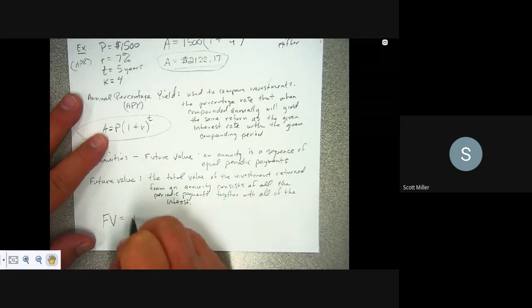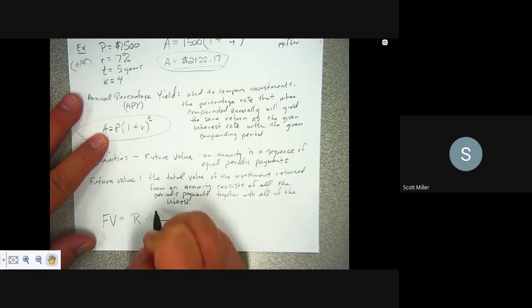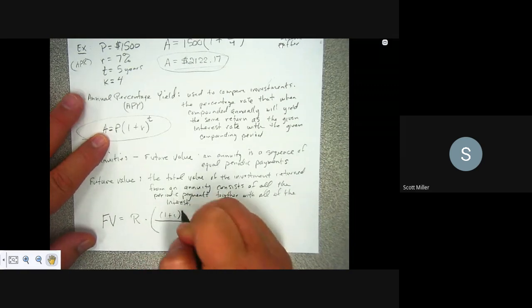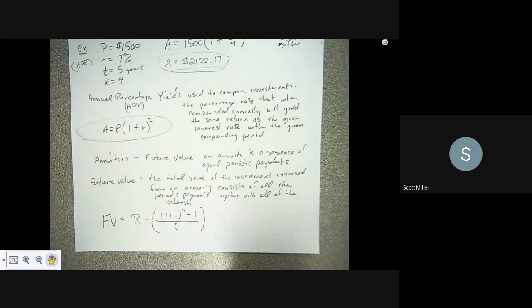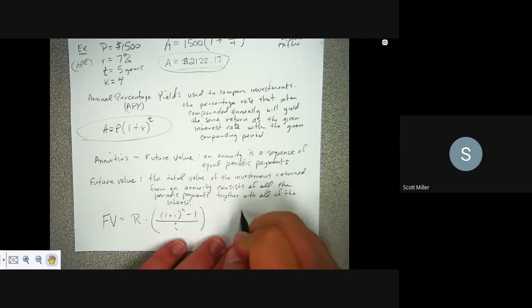Then this is equal to R, and we'll talk about what all that is here in a minute. And you will have 1 plus I, and I'll describe what that is too. All these letters, I'll tell you what they are. So we have that formula right there. So what is N?